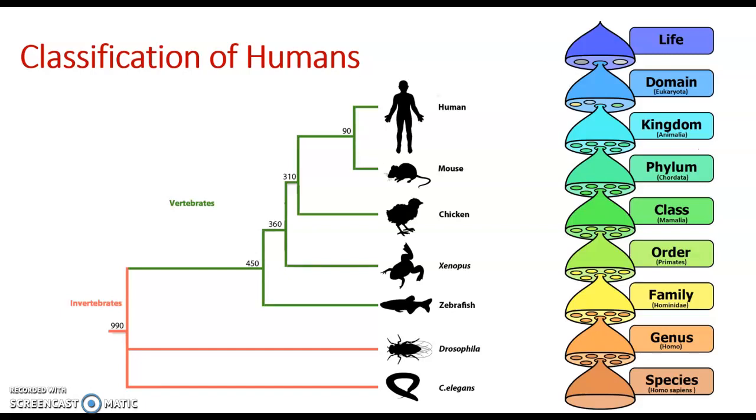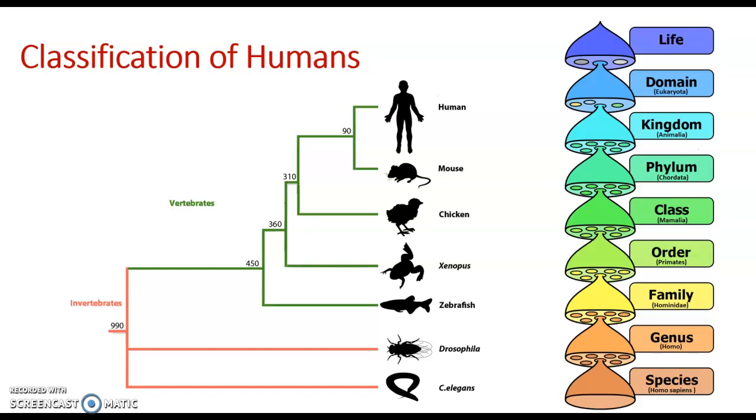So we know that we are in domain Eukarya. We're made of eukaryotic cells, so we're related to all other eukaryotes in that way. We're in kingdom Animalia. We are animals. We're in phylum Chordata, having a backbone. Class Mammalia.